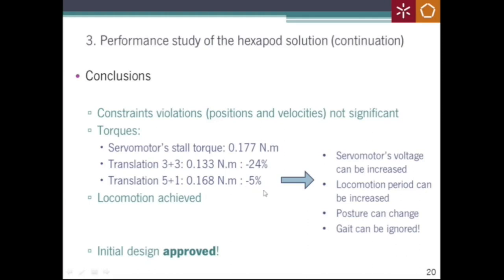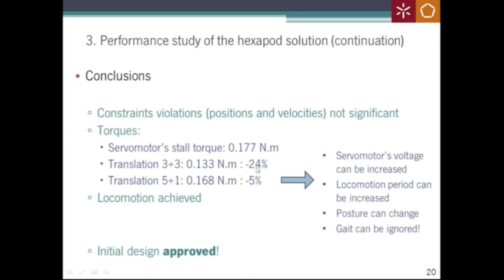However, this value could eventually be reduced if a longer period was considered for the translation, which would lead to slower movements and lower torques, or if one chose to increase the supply voltage of the servo motors, increasing their torque. One could also choose to disregard this gait, since for the 3+3 gait type the maximum torque found is 24% lower than the limit, allowing locomotion.